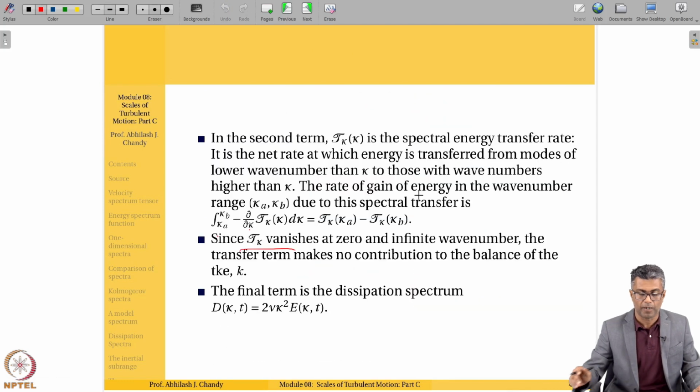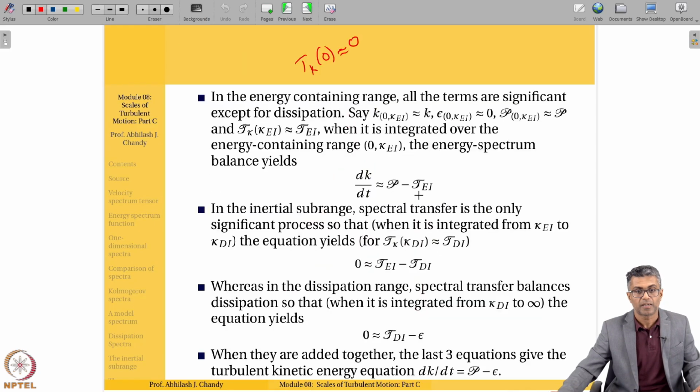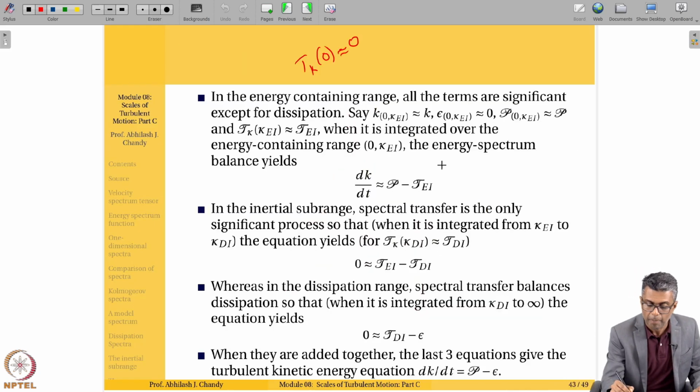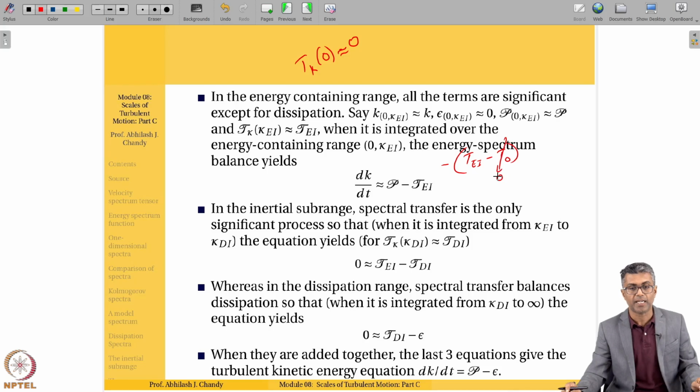Because from here you would get T minus, isn't it? You would get minus TEI minus, and this is minus of TEI minus T0, which is 0. So that is how you get minus TEI. So dk dt is production minus TEI.